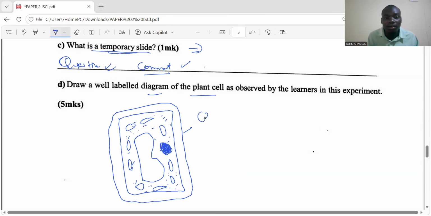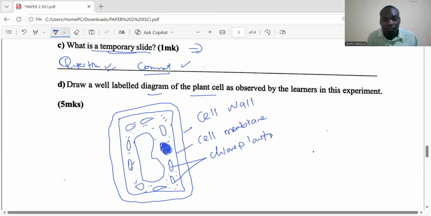The outer wall is called cell wall, followed by cell membrane. These are called chloroplasts. This one is the nucleus.